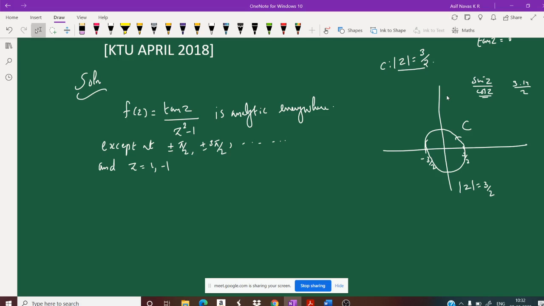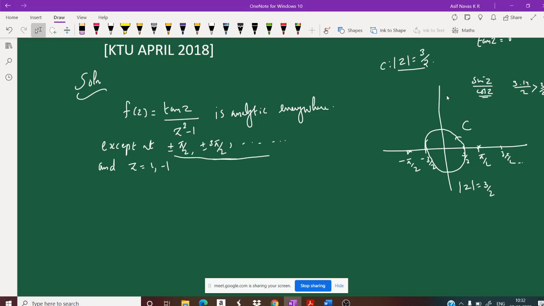Is it greater than 3 by 2? Yes, pi by 2 is outside C. Minus pi by 2 is also outside C, and all other terms, 3 pi by 2, everything is outside C.